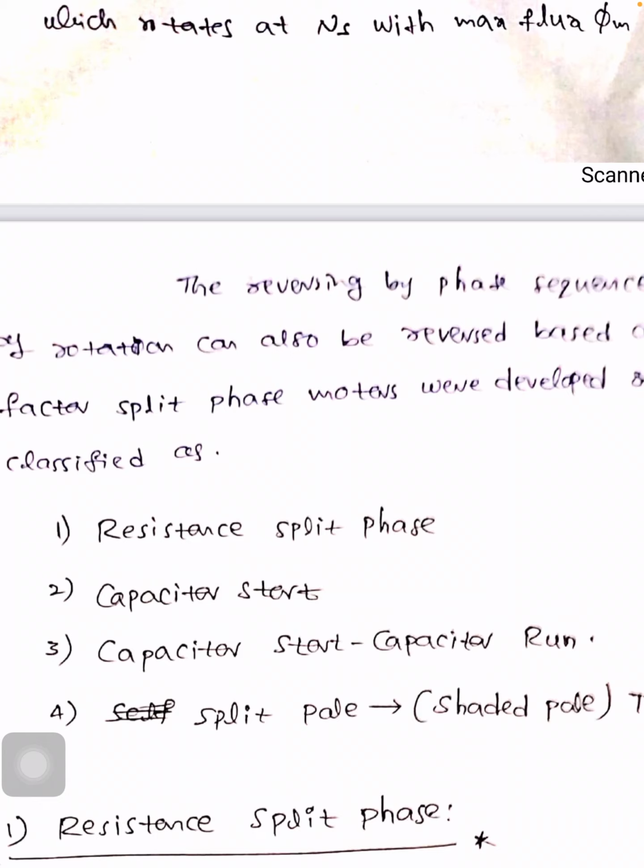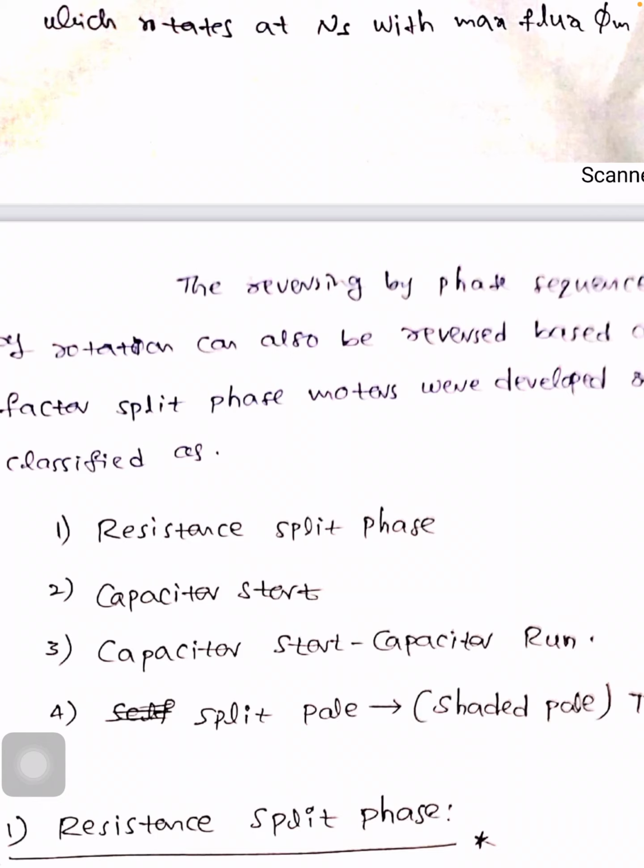But the second one is called a capacitor start motor. It is very similar to the resistance split phase induction motor, whereas a capacitor is an additional element added in series with the starting winding. The capacitor is chosen with a very large value and connected in series with the starting winding, so it is called a capacitor start induction motor.